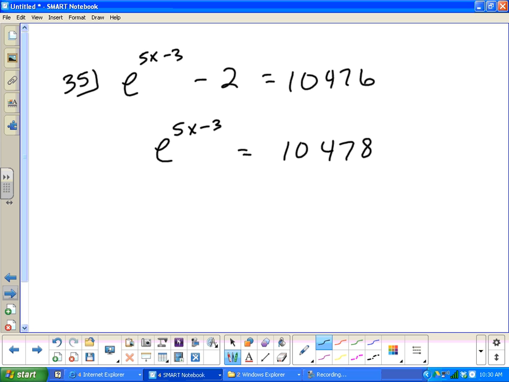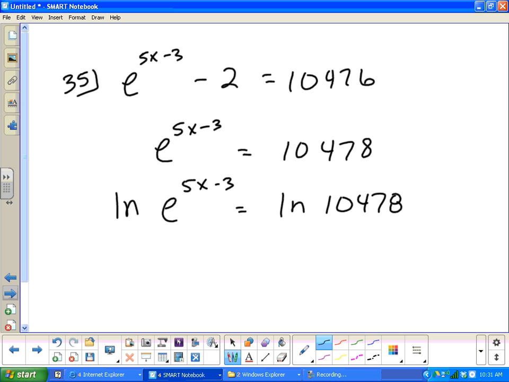From here we take the natural log on both sides. One person asked in second period, how come we wouldn't add the 3 as well? It's an exponent. It's not a minus 10, it's a minus 3 at the end. So now, let's take the natural log on both sides. Natural log of e to the 5x minus 3 equals natural log of 10,478.